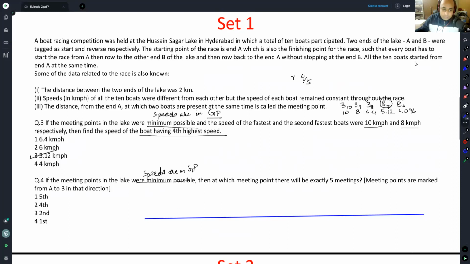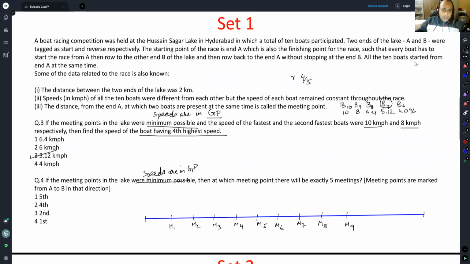So meeting point 1, meeting point 2, meeting point 3, meeting point 4, meeting point 5, meeting point 6, meeting point 7, meeting point 8, and meeting point 9. Kindly pay attention, they will not be as equally distributed as I have represented them in this linear line. It is just that it makes for better representation, nothing else.